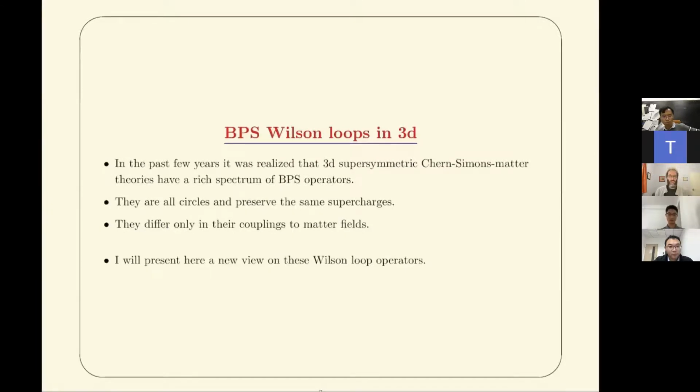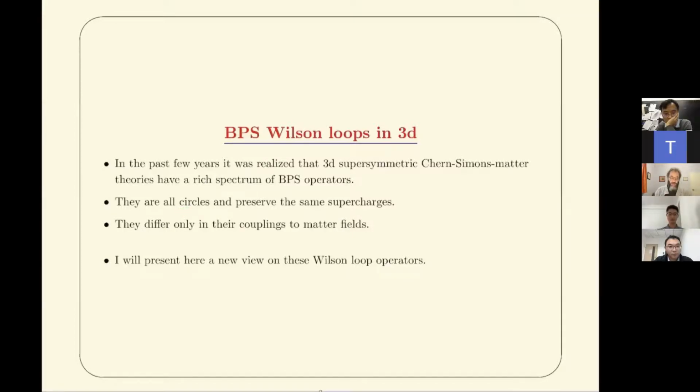So this was generally about line operators. If we look at 3-dimensional supersymmetric Chern-Simons matter theories, then they have a rich spectrum of BPS operators that we are still trying to understand. And so I will focus on the case where the loops are all of the shape of a circle. I'm not going to change that.